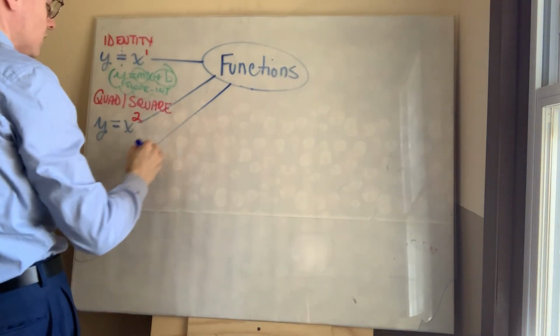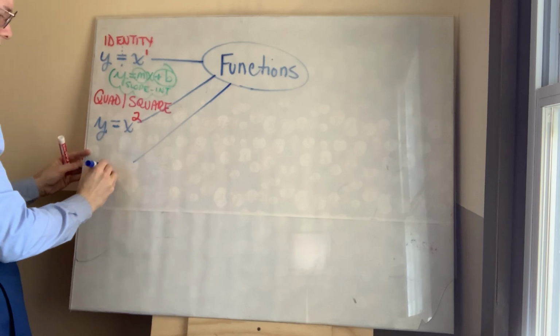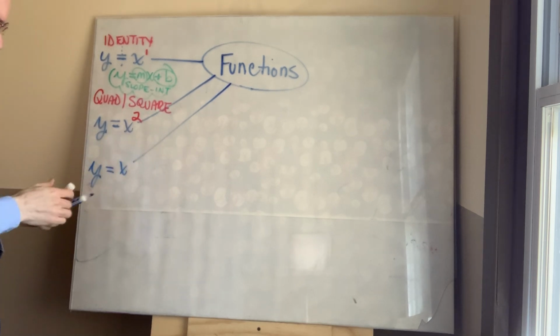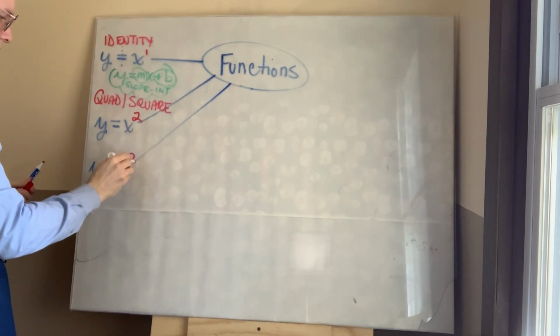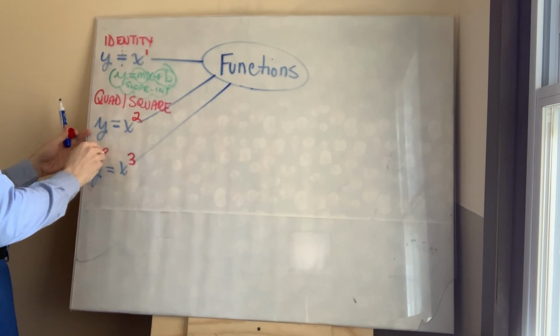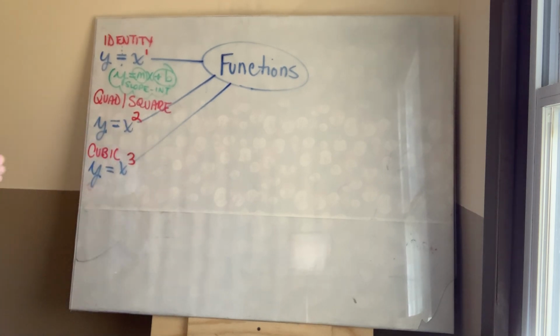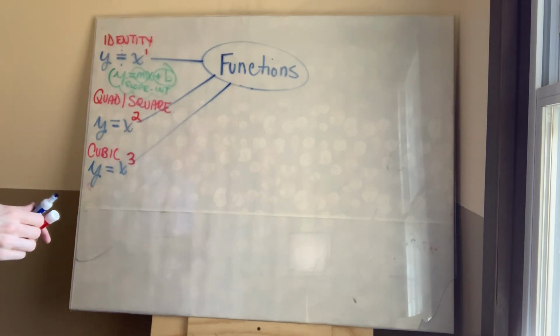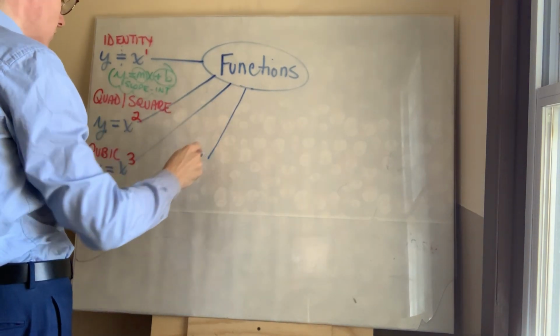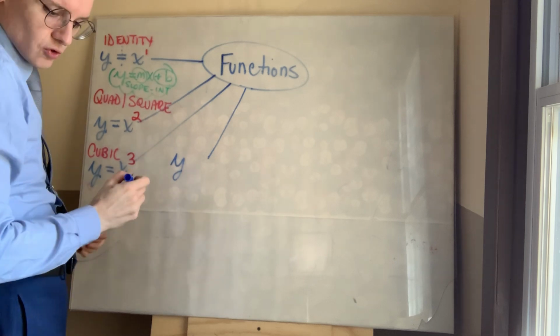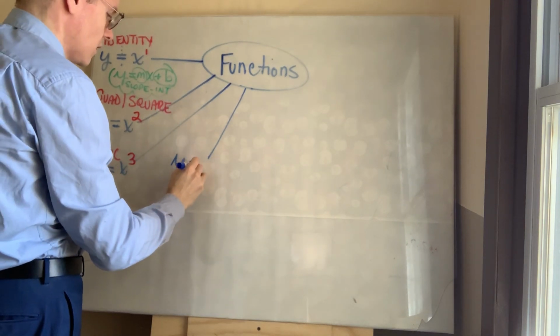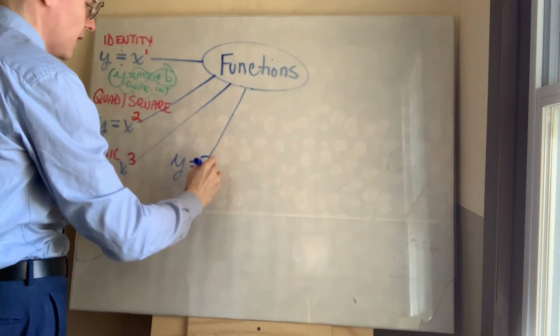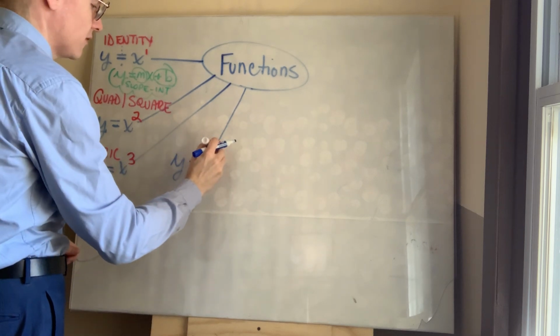Later on we had discussed y with an exponent of 3, and this is understood as being a cubic function. And also square root, which is basically x to the 1/2.